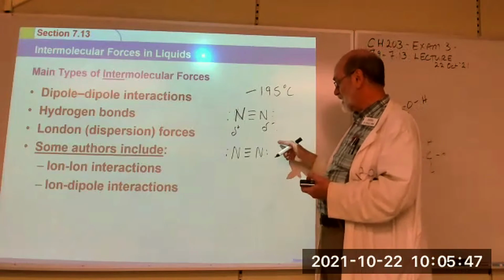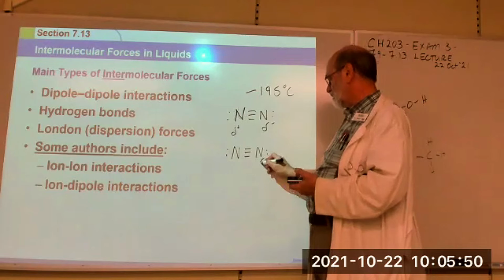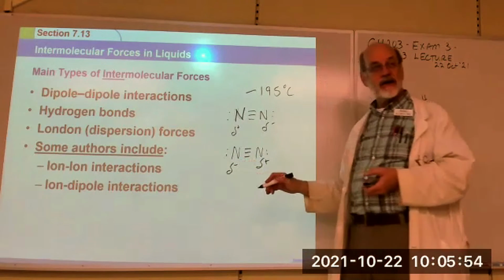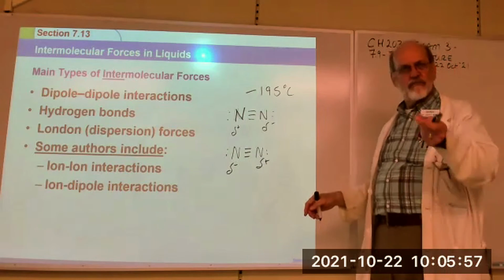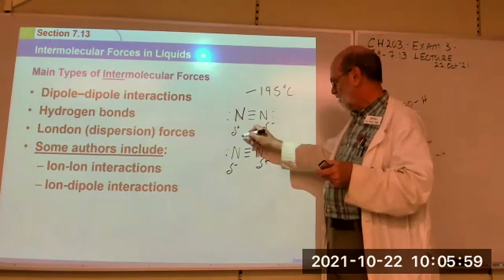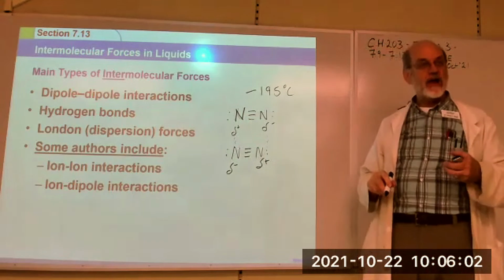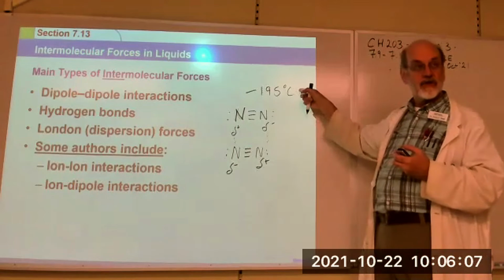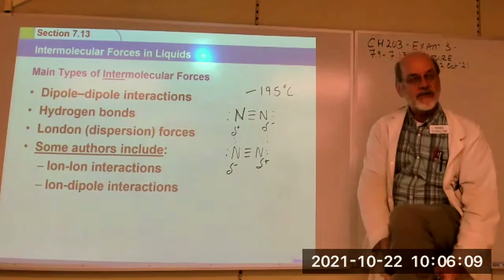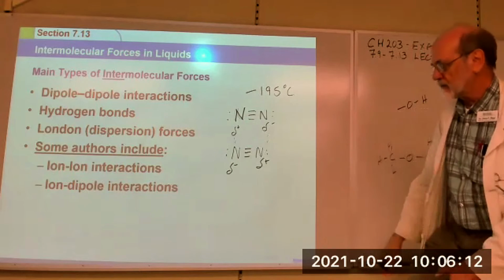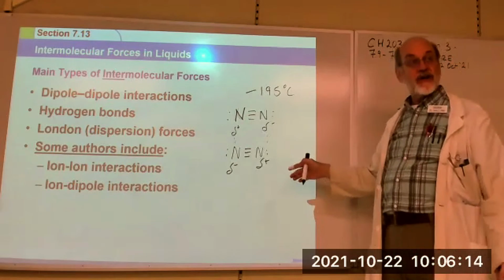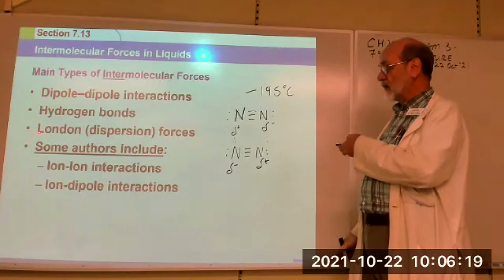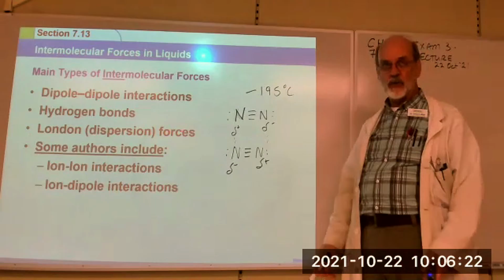So if this one's negative, it's going to push those electrons over here. Now you've got an uneven distribution for just an instant. And now you've got an attraction. That's what's holding these molecules together at that temperature. And it has to be that temperature because anything higher than that is too much energy. It'll overcome these weak forces. So that tells you that these London dispersion forces are extremely weak.